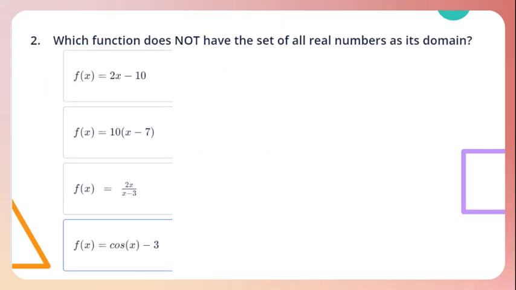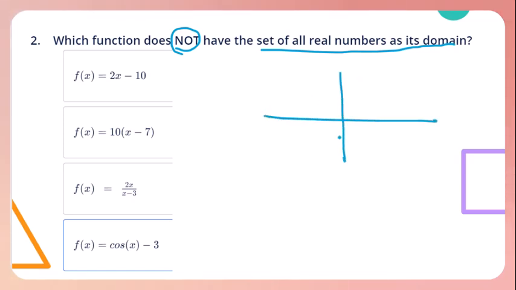For question number 2, which function does not have the set of all real numbers as its domain? So on the coordinate plane, the domain is your x values. What that means is domain is also your input.